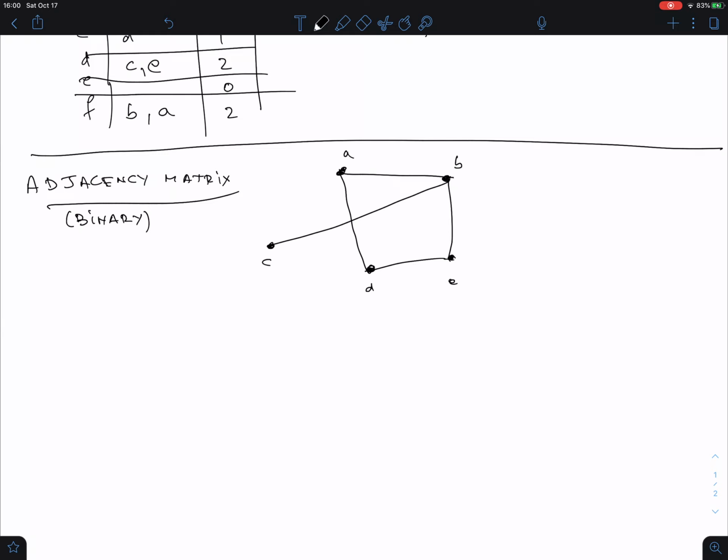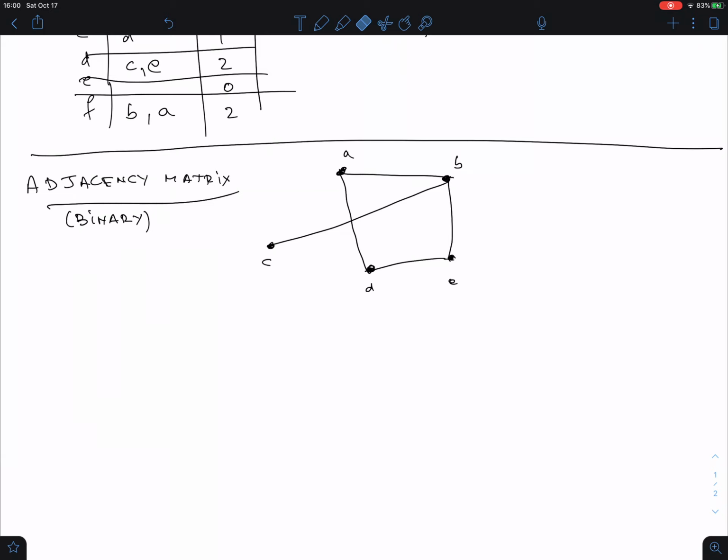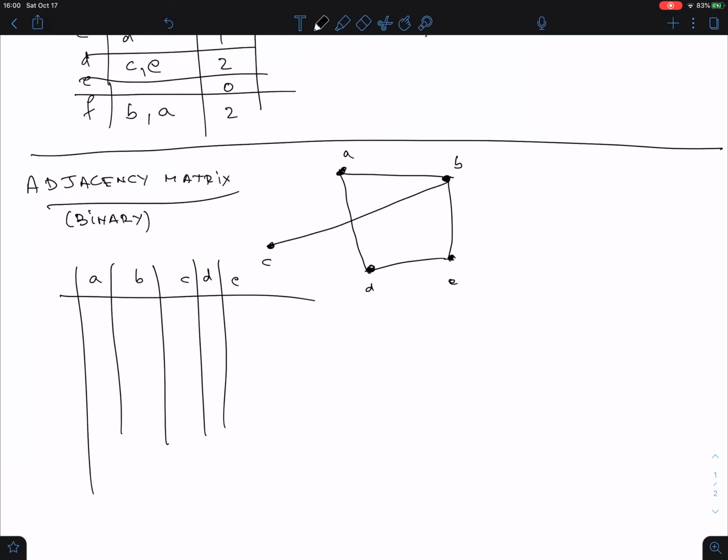A matrix normally has no lines in it, but for me to write it, I'm going to divide it here in 5 columns. Let me do it a bit nicer. So we have A, B, C, D, E as the labels of my columns, but also of my rows in the same order, and that's important. Remember, the order in which I list them is not important, but once I decide on an order, I have to stick with it.